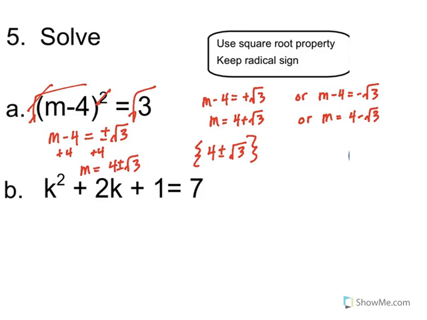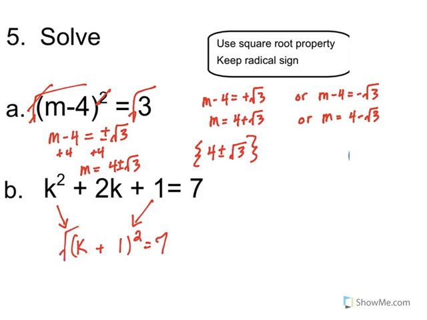On this one, we're going to have to factor. So again, this is a perfect square. So take the square root of the first term, which is k. Take the square root of the last term, which is 1. We're adding because it's plus 2k in the middle is equal to 7.